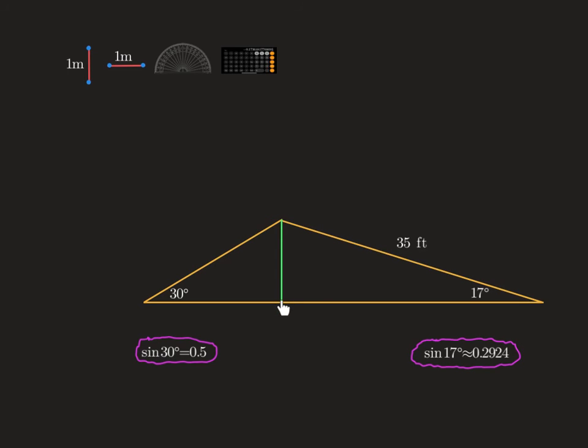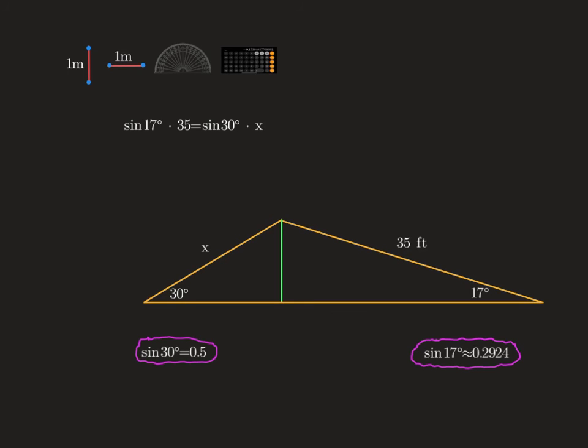So remembering that this height right here is equal to sine of 17 times 35, but it's also equal to sine of 30 times whatever this x value is. So we can say that that's going to be the same thing. The sine of 17 degrees times 35 must be the same as the sine of 30 degrees times x, because they're both equal to this same length.